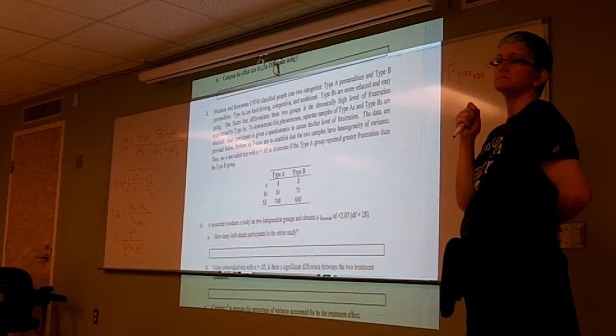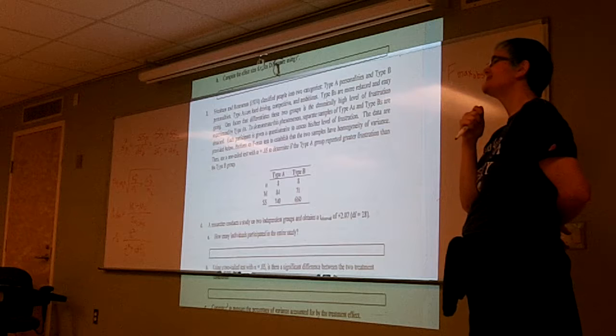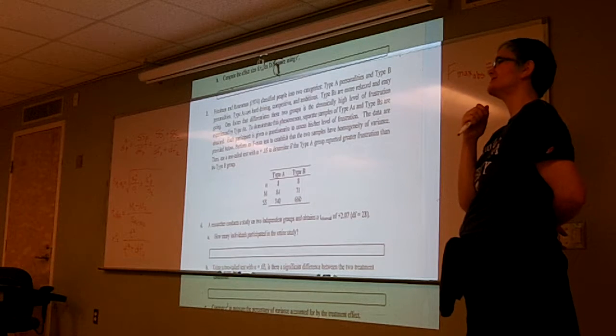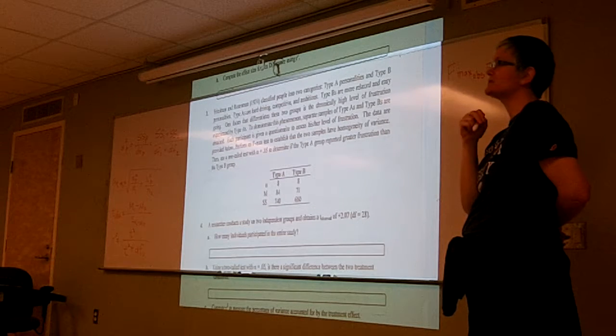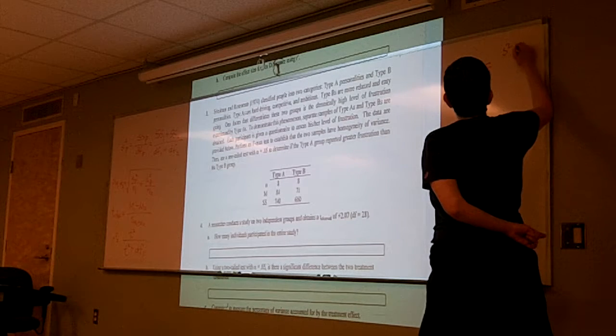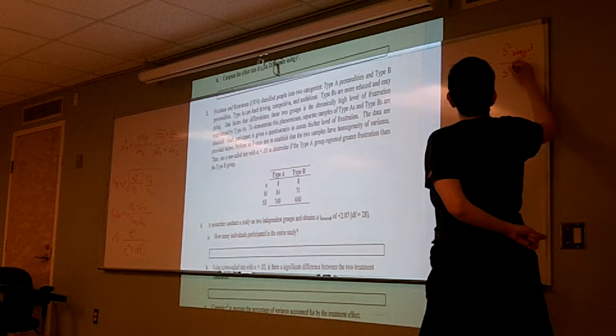Sample variance over sample variance. We've got one sample variance over another, so which one goes on the top and which one goes on the bottom? The biggest one goes on the top, and the smallest one goes on the bottom.